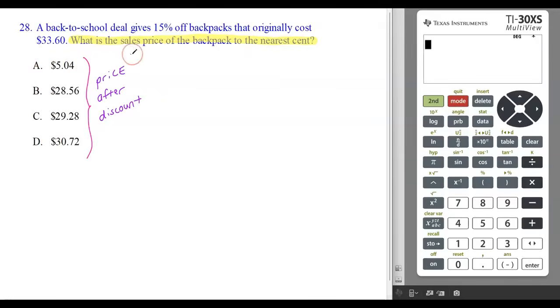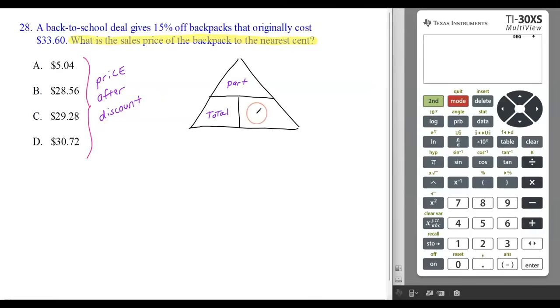But with that being said, let me show you how to deal with these types of problems. I draw a diagram like so. It's good practice to kind of memorize these diagrams for this type of problem. Put the part here, the total here, and the percentage here.